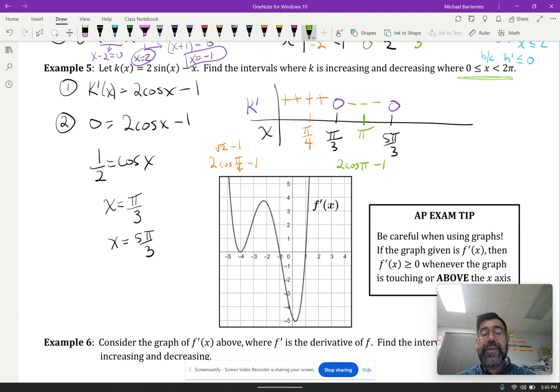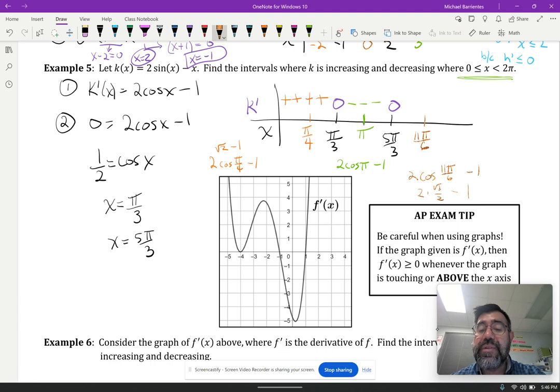So now the last part, let's pick a number on the other side. What color should I use? What about 11 pi over 6? That's bigger than 5 pi over 3. So now let's do 2 cosine 11 pi over 6 minus 1. Well, cosine of 11 pi over 6 is square root of 3 over 2, times 2 minus 1.